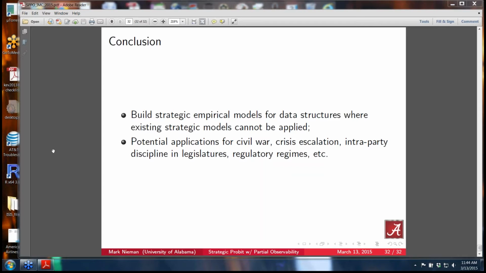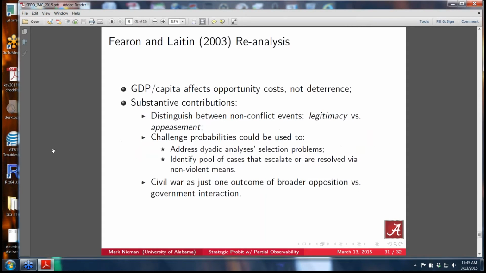Well, so I'm going to go back to your Fearon and Laitin example, where you said, okay, we want to figure out whether higher GDP is really, which end of things is it affecting? Is it affecting rebels wanting to go to civil war, or is it reflecting the government's reticence to push a fight? And that in some ways is proposing and testing a hypothesis, right?